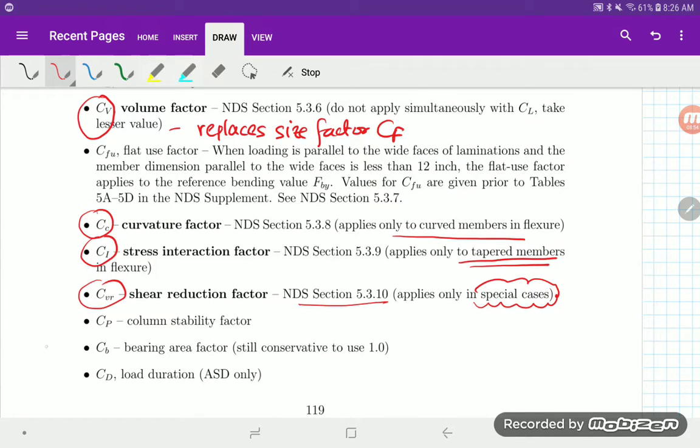But the main ones that we'll use a lot of, which is this column stability factor, are pretty similar, but we do have to look at Table 5.3.1 to check if it applies and when. By similar, I mean it's similar calculations to the sawn lumber cases.